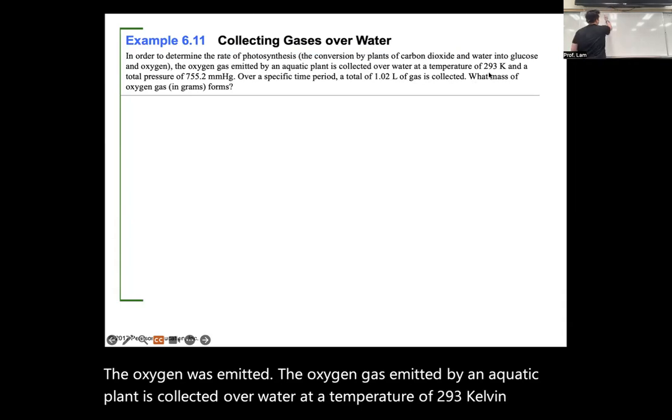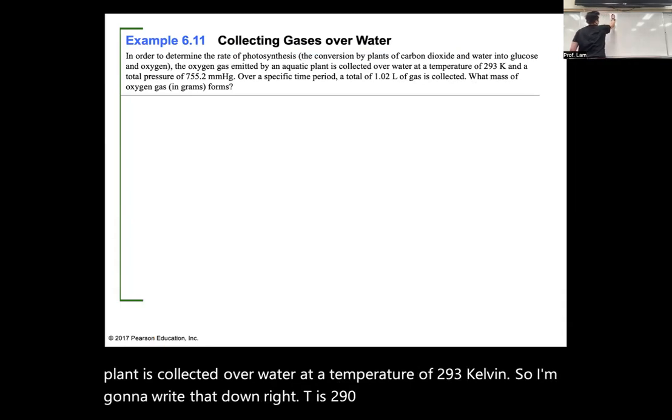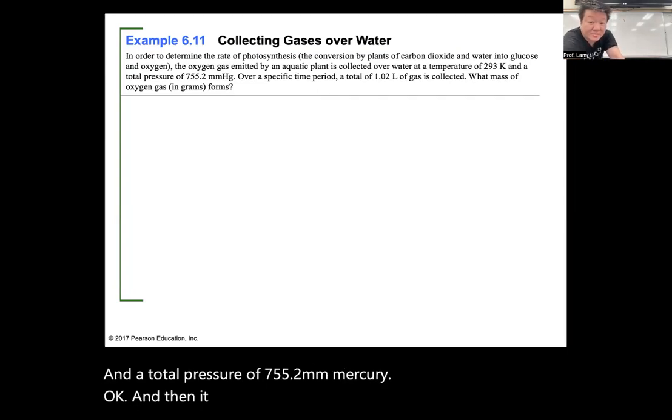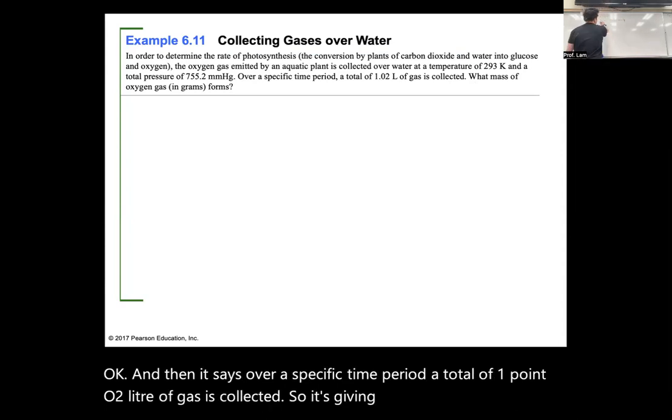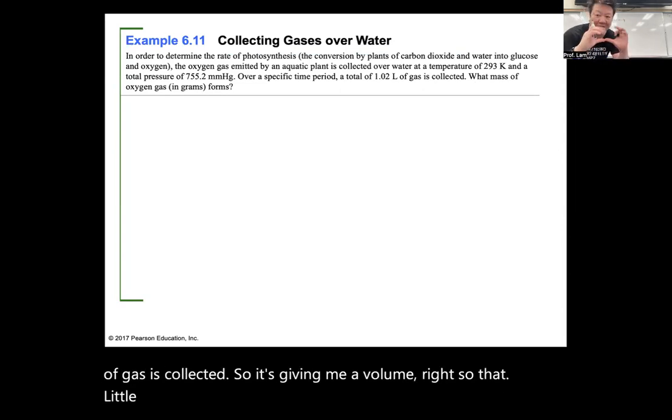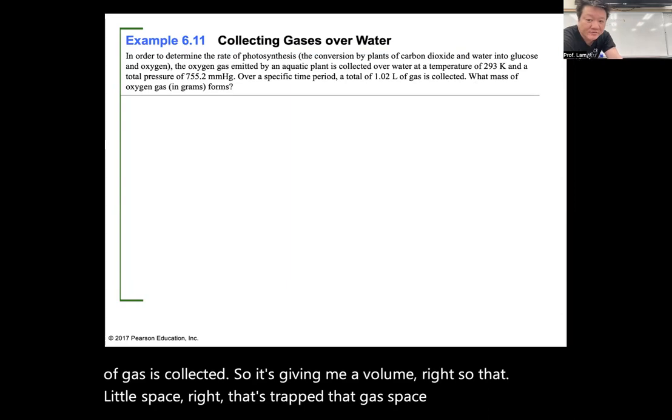So I'm going to write that down: T is 293 Kelvin, and a total pressure of 755.2 millimeters of mercury. Over a specific time period, a total of 1.02 liters of gas is collected. So it's giving me a volume: that little space of trapped gas is 1.02 liters in volume.